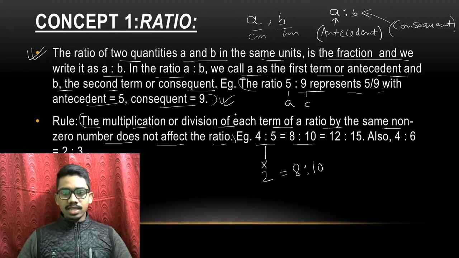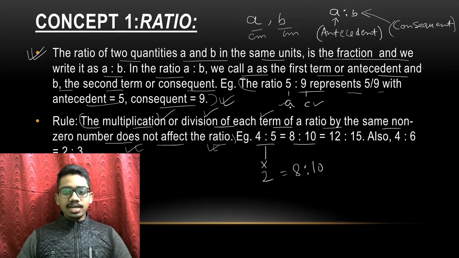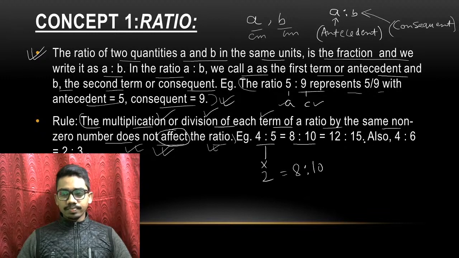So it is written that multiplication or division of each term of a ratio by the same non-zero number does not affect the ratio. If you multiply the antecedent by the same number and the consequent also by the same number, or you divide the antecedent and the consequent by the same number, then the ratio will not get affected.